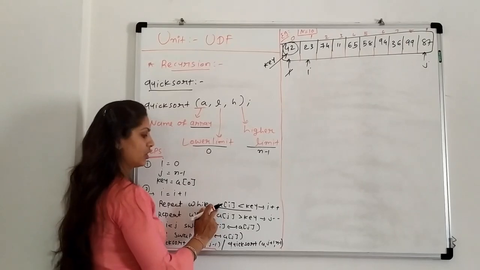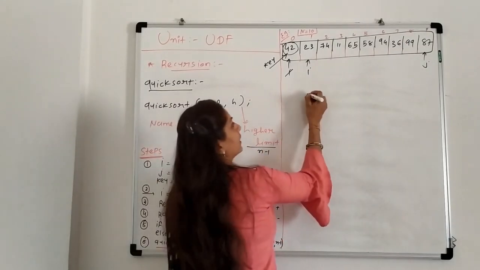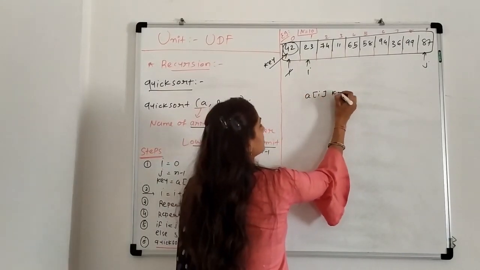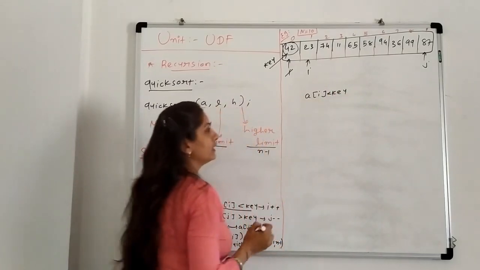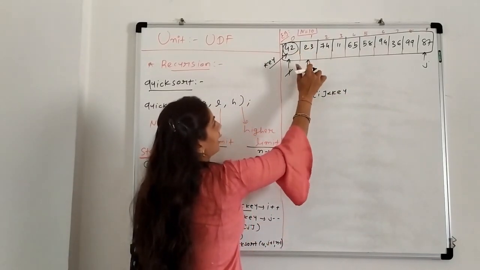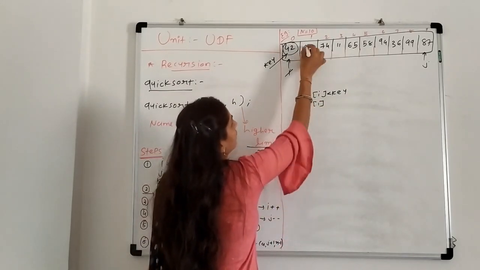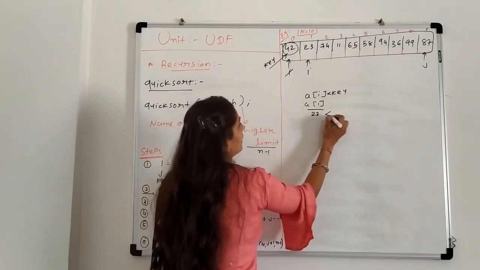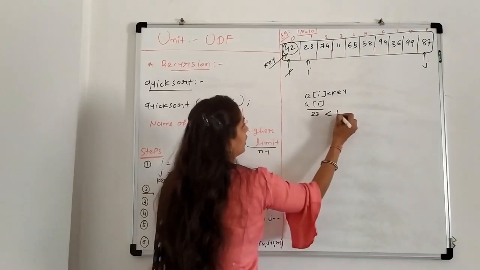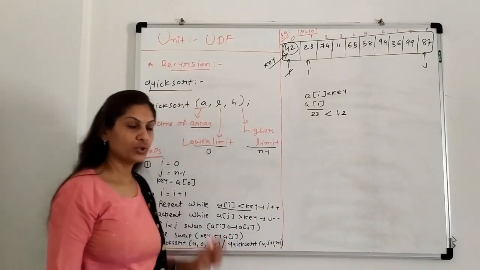Here a of i is on position 1, so a of 1 is 23. Is 23 less than key, which is 42? The condition is true? Yes.